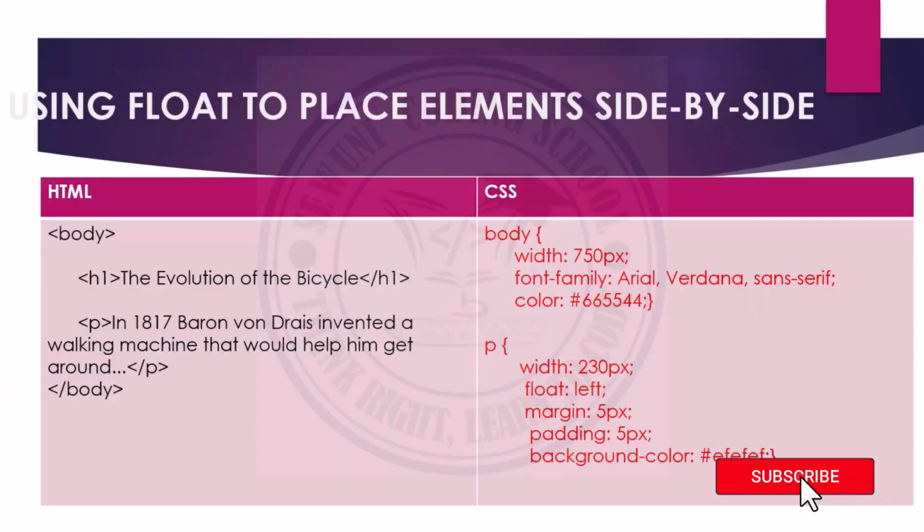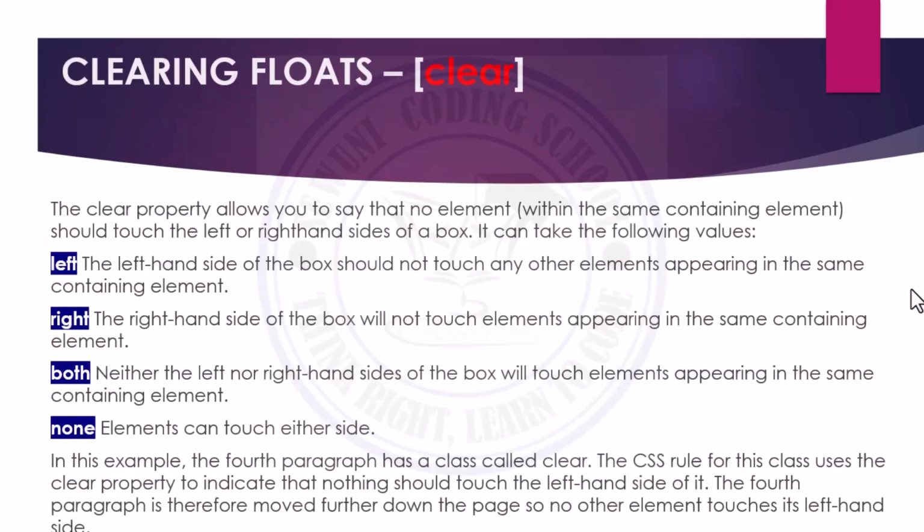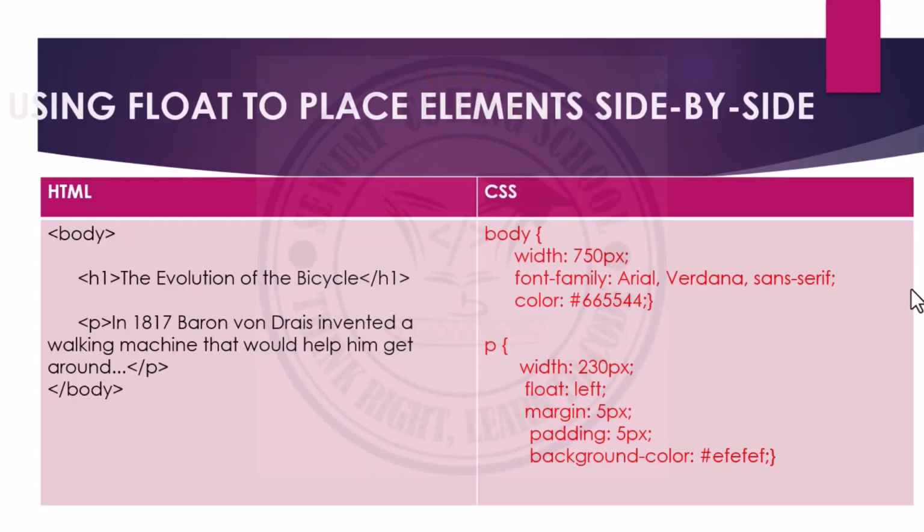Now, using float to place elements side by side, this is the code I want us to use to explain that. We are also going to see the entire body having a width of 750, just like we've done, and a float, floating to the left. This is just like the example we used earlier.